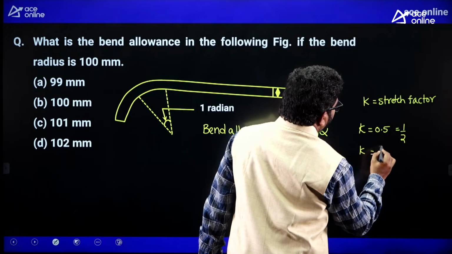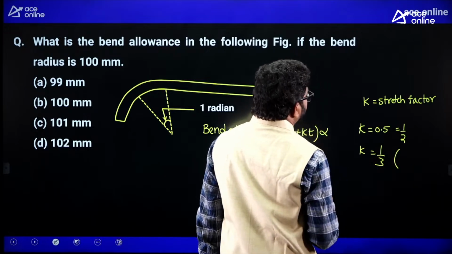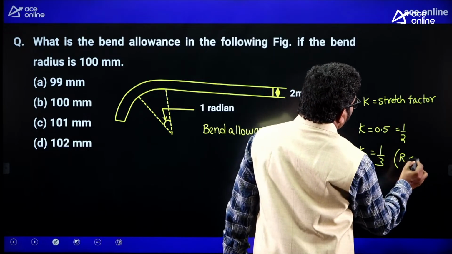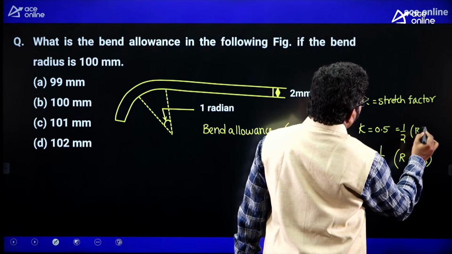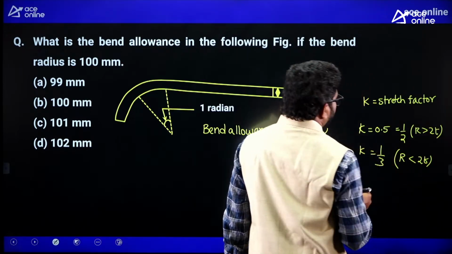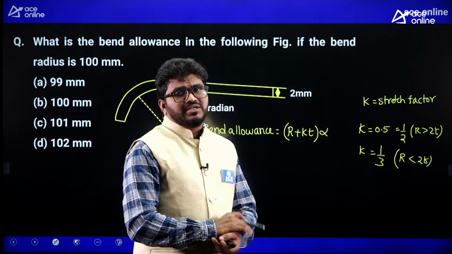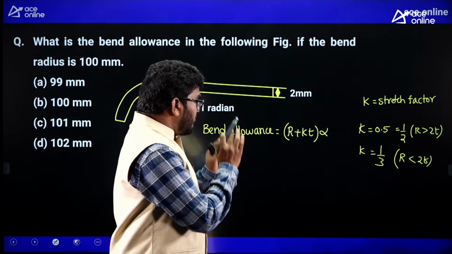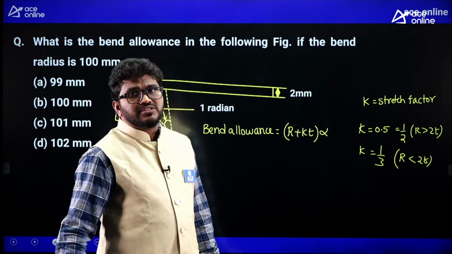Sometimes K is given as 1 by 3 also. In case K is 1 by 3, the radius of the bend is less than 2t, then you should take this one. If the radius of bend is greater than 2t, then you should take the other one. But you need not remember that, at least remember K equal to 1 by 2. This is a very, very important formula. They will ask bend allowance questions.